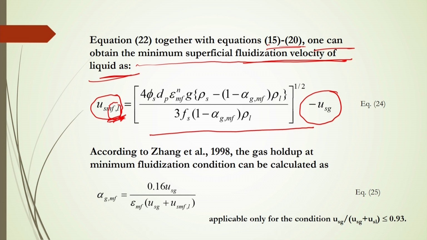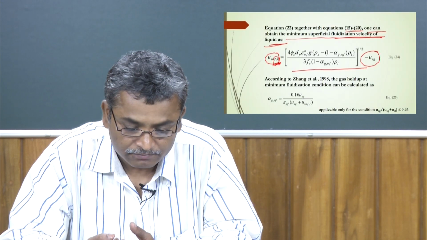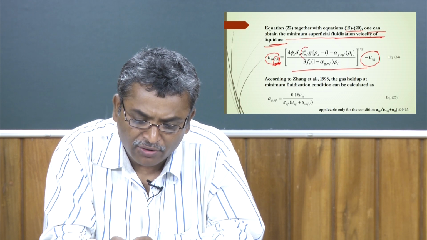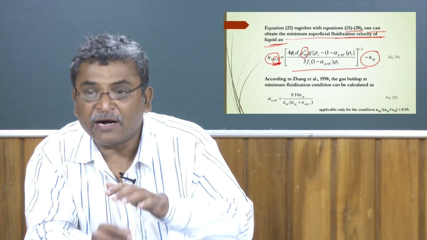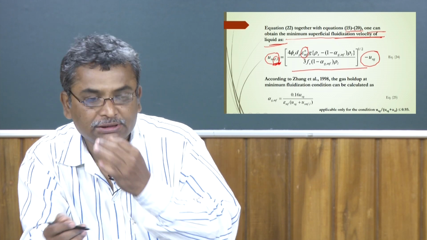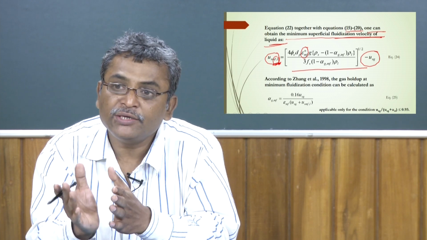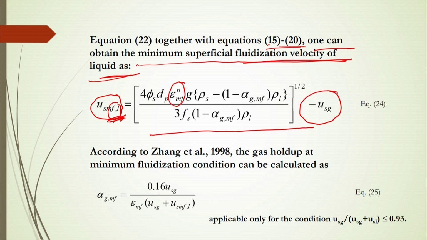What will be the minimum liquid velocity by which you can get the minimum fluidization condition for the gas, liquid, solid system? Now, this is again a function of epsilon MF, and this epsilon MF is again a function of the liquid velocity and gas velocity. So, that liquid velocity will be considered as a minimum condition.